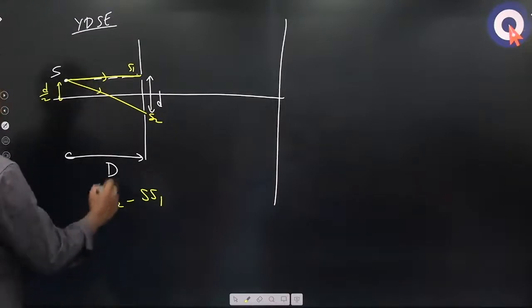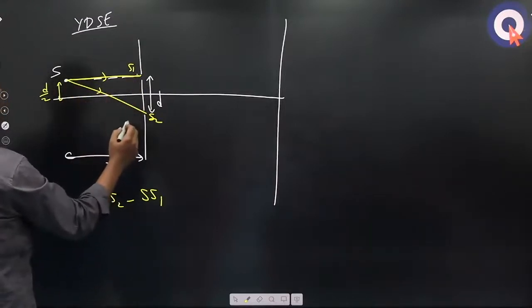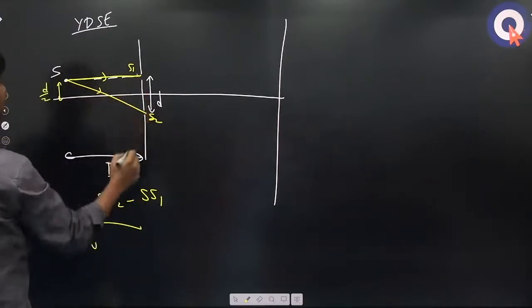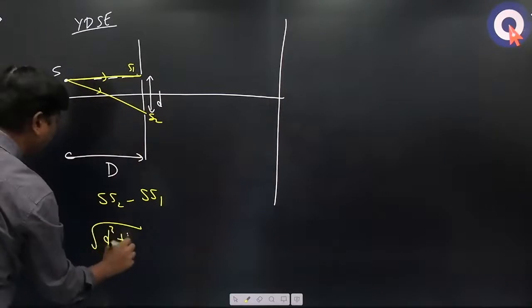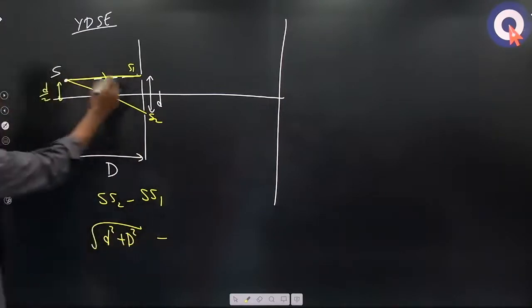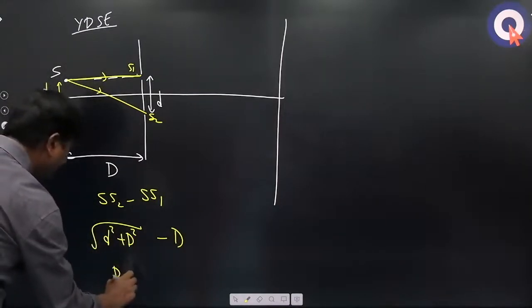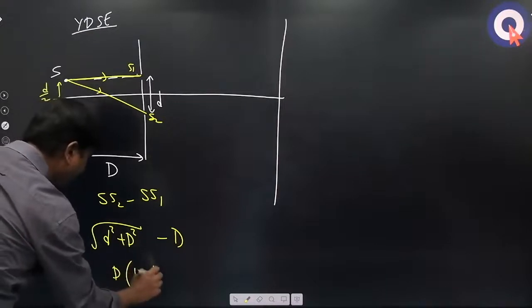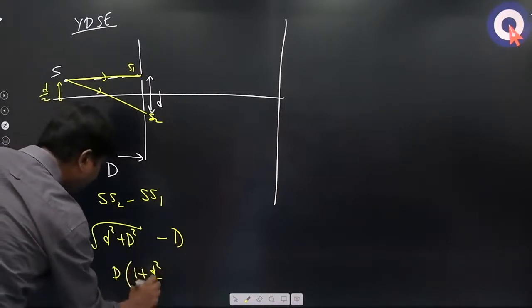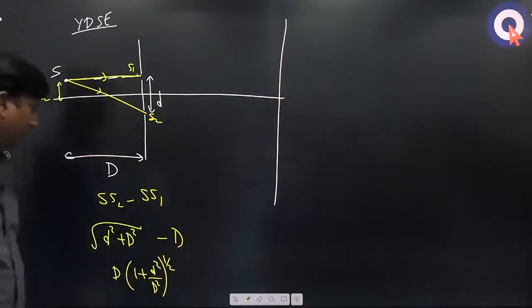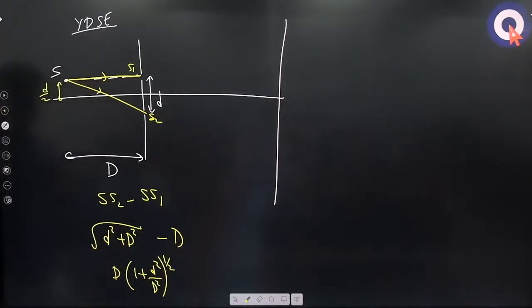SS2 can be written as under root of d square plus capital D square, minus SS1, which is nothing but capital D. Now take capital D common: 1 plus d square by capital D square, whole power 1 by 2.